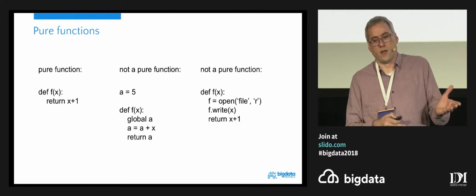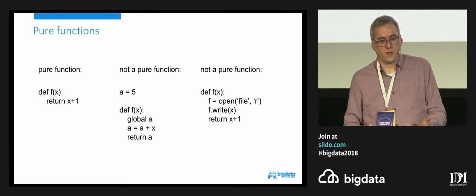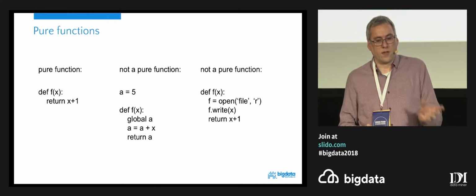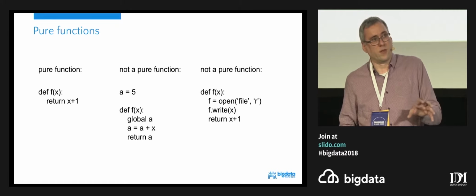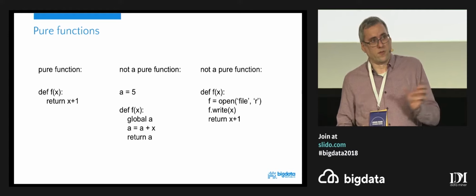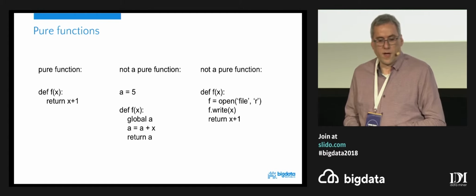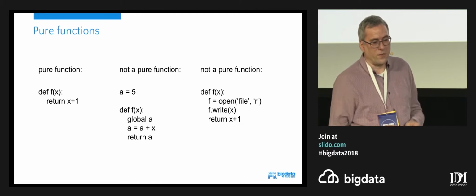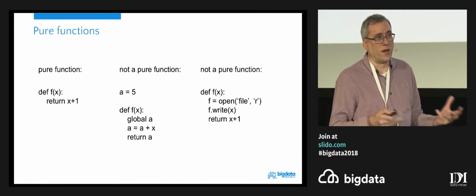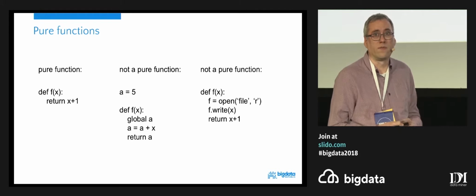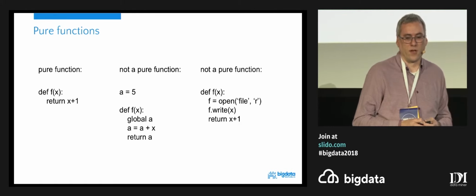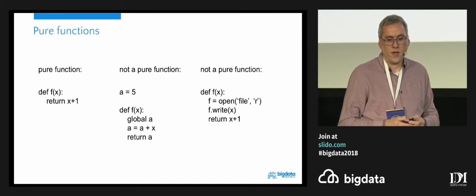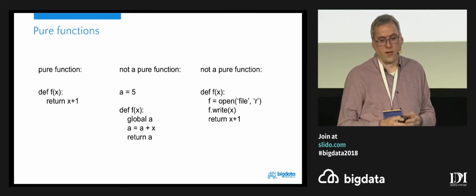And that makes it not a pure function, but it doesn't necessarily mean that it cannot be made into a deterministic function. We'll get into those keywords later. And on the other one, you see a file being opened, and from that definition, there are some side effects being generated in the function, and that is also why it's not a pure function, because there might be some of those side effects going on.